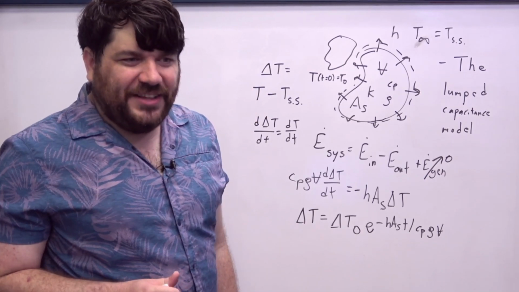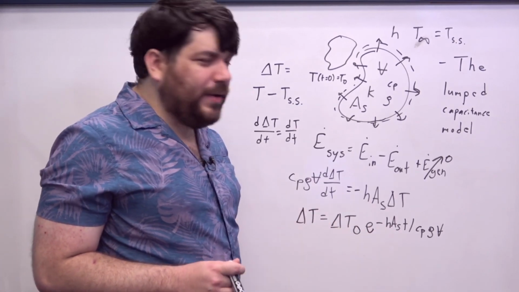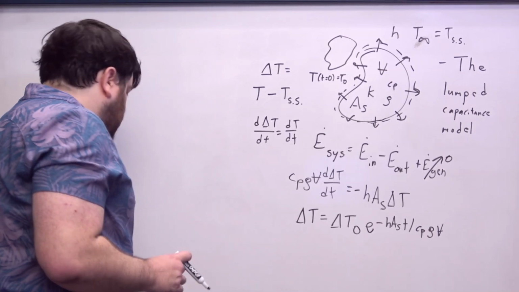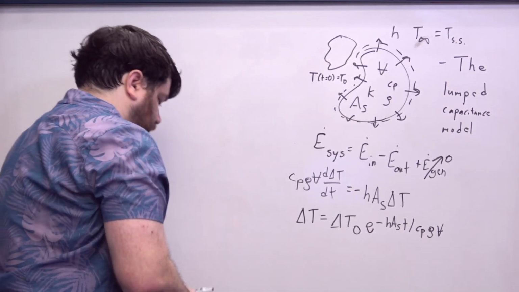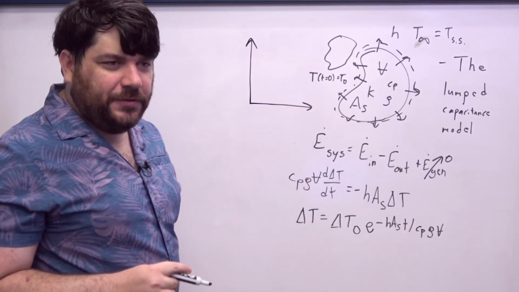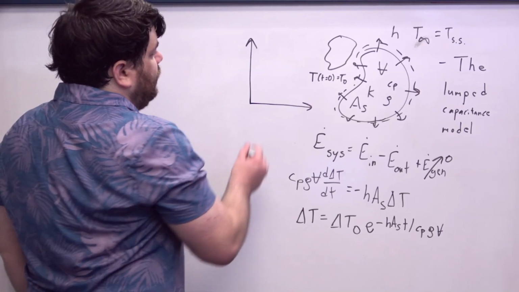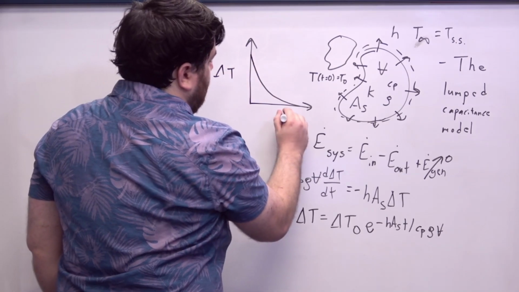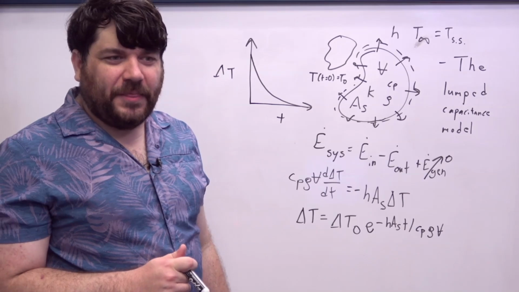So what information can we glean from this? Well, notice that this is always a negative exponential. What that means is that if I were to plot the absolute value of that temperature difference between the current value and the steady state value, we would find that the temperature difference decreases exponentially, okay?